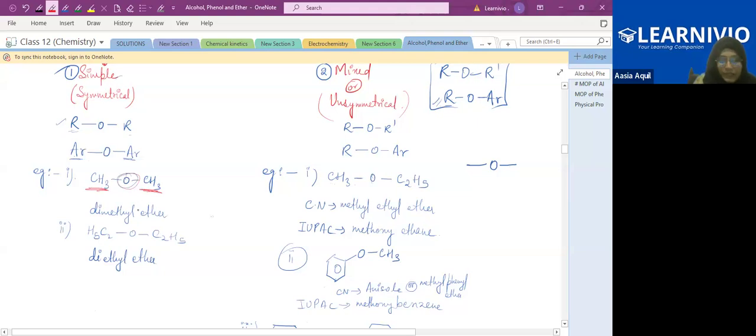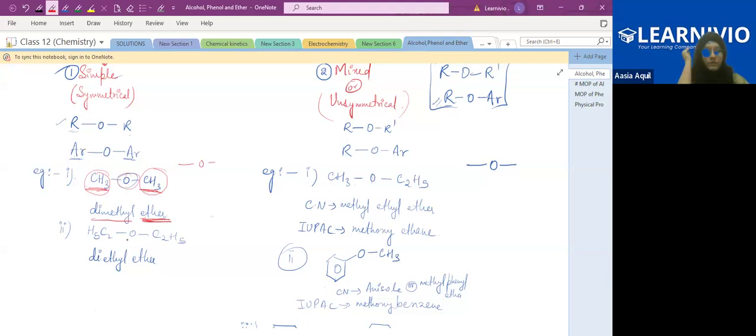This is the ether, so you will write ether, and combinedly for both, this is a methyl. How many methyl groups are attached on the left and right side of the ether linkage? Two methyl groups. So you will name it dimethyl ether. The name is dimethyl ether. Clear, everyone?